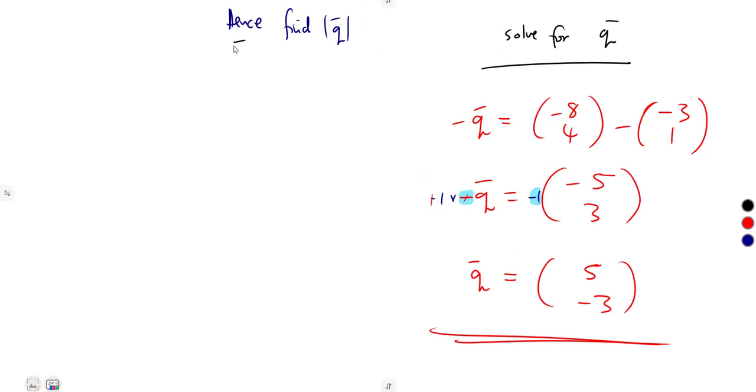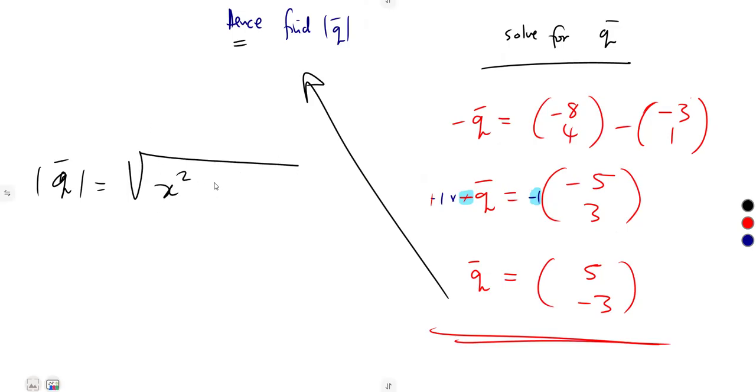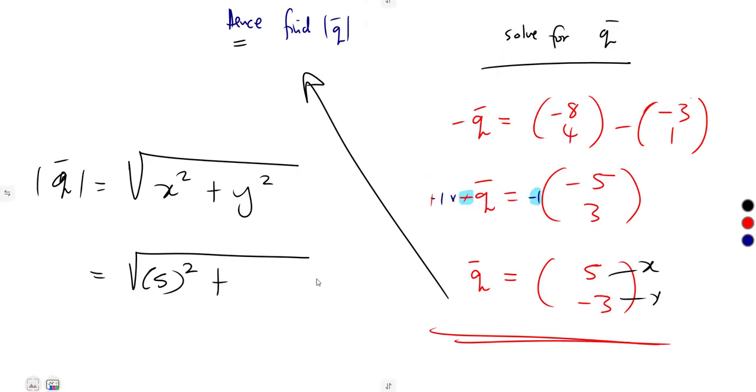And after that, hence, a continuation from this answer that you have. Determine or find the modulus or magnitude of vector Q. So that's the square root of x squared plus y squared from our formula. Remember, taking the x value into consideration, that's a 5, you square it. So we're going to have 5 squared plus the y value, -3 squared.